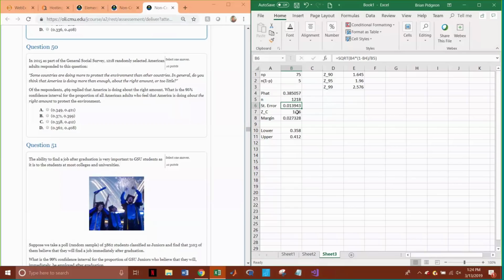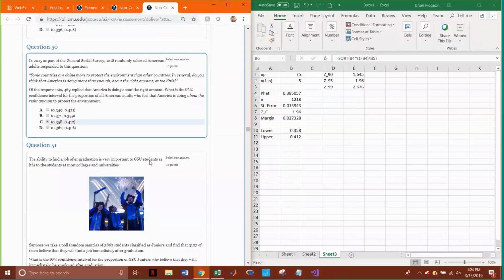The critical z value we would have to update, maybe, but we're still at 95% confidence. Therefore, we don't have to change it. And so it automatically calculated our lower and upper bound based on how we calculated it in question 49. So if you want more practice, just try to repeat it the way I did it in question 49. But we know immediately that our interval is 0.358 to 0.412.